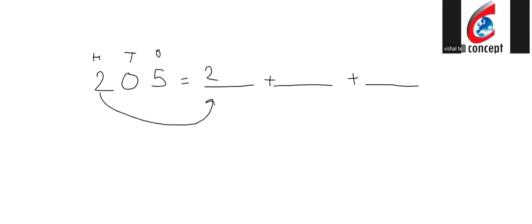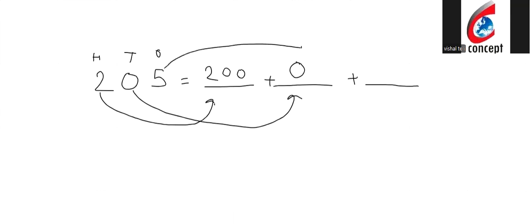H. So it means it is 200 you have to add. The tens is already 0, so you will put 0 in here. And this is 5 ones, so that means you have to write 5 in here. So this is the expanded form. Do you understand? Let me take one more example.